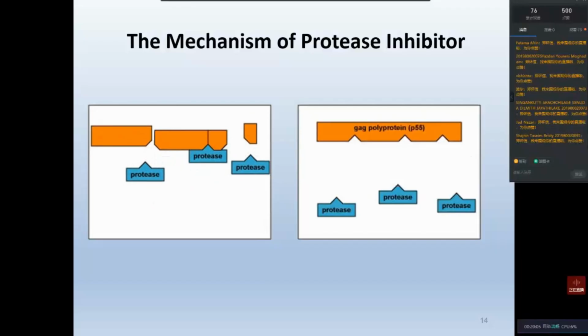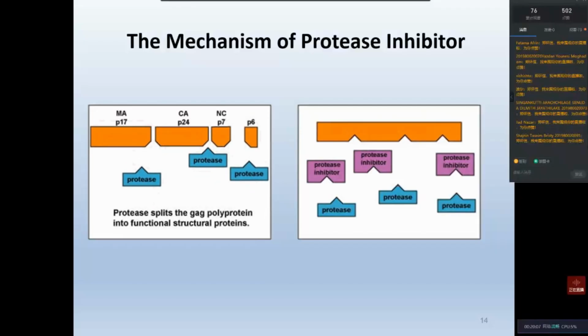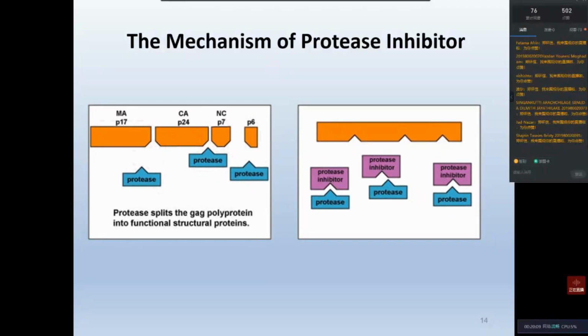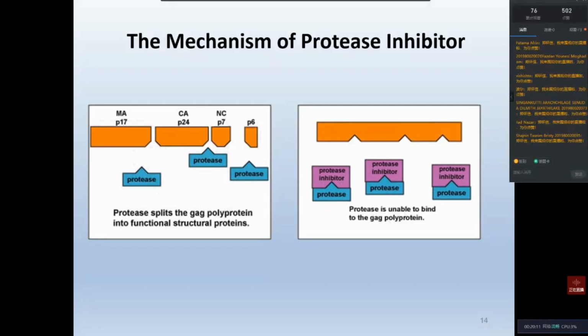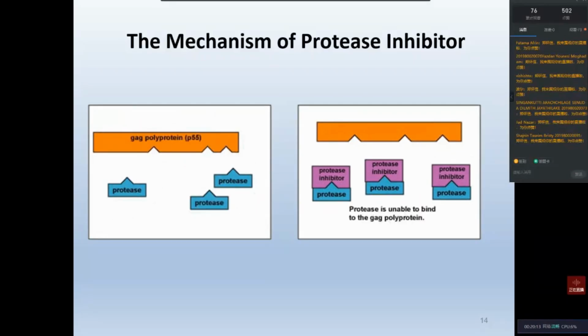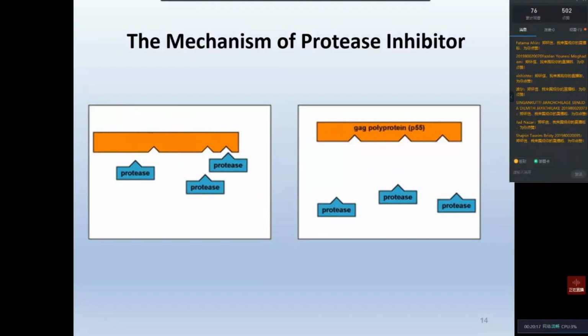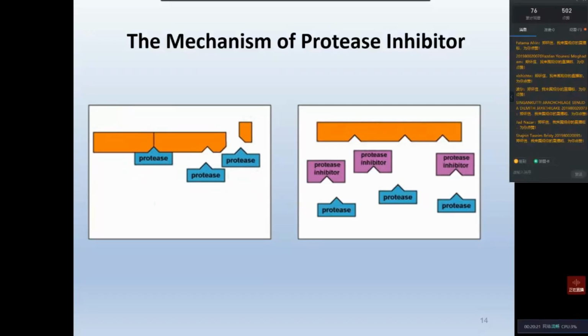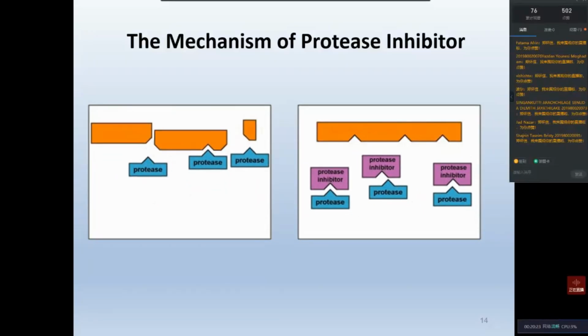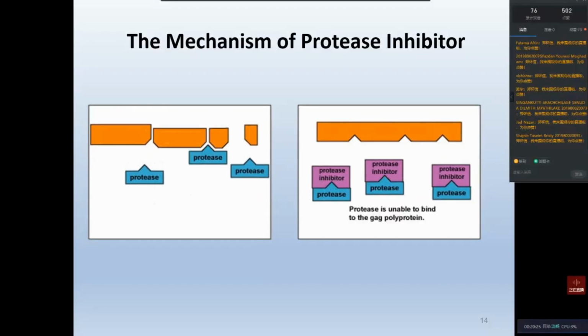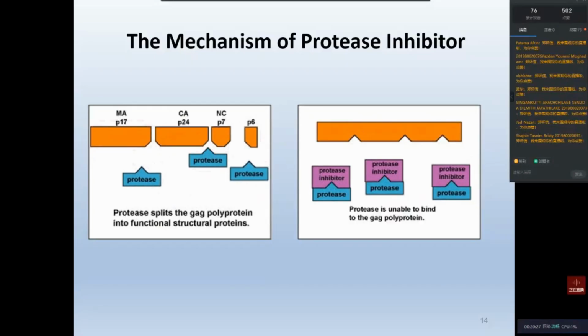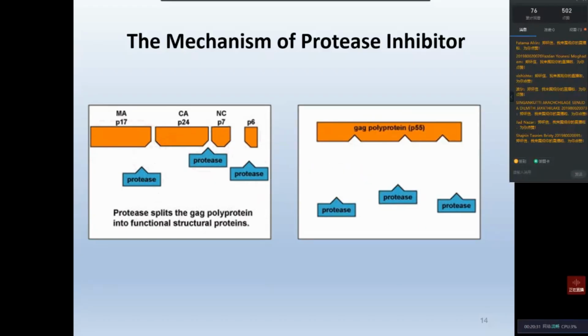But if you block the activity of the protease using an inhibitor, the protease cannot cut the giant peptide anymore. You cannot generate functional proteins. So this way you can inhibit the viral infection and the viral spreading. This is another mechanism, using protease inhibitors.